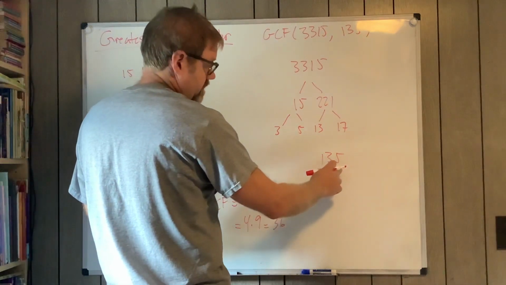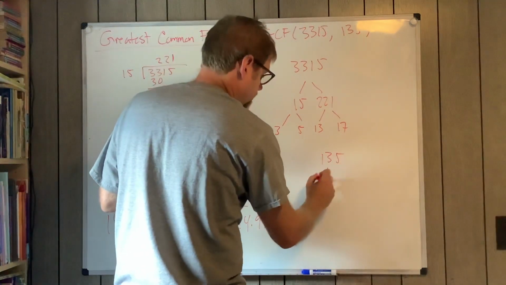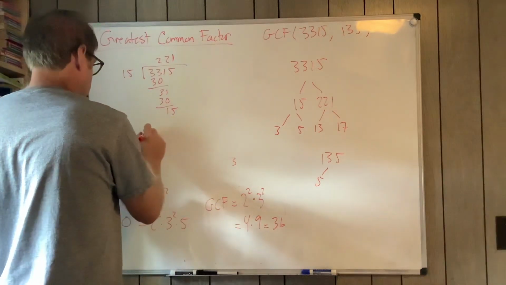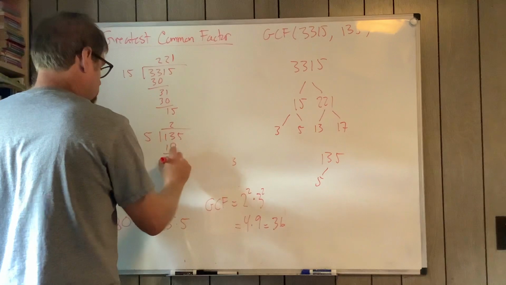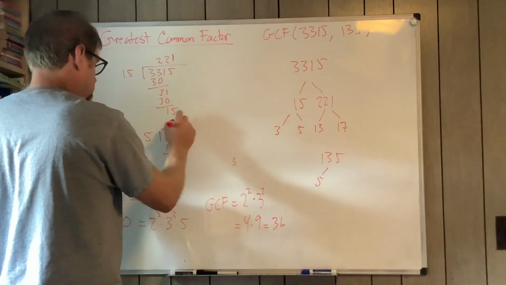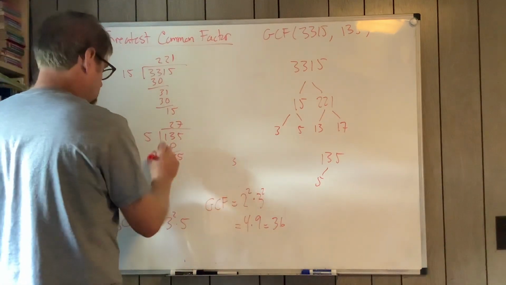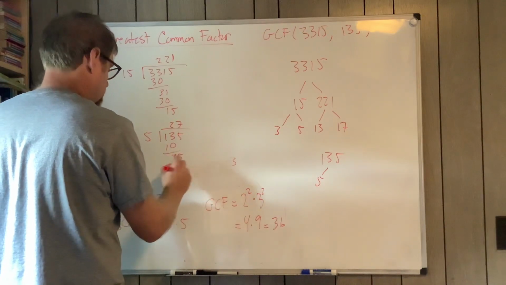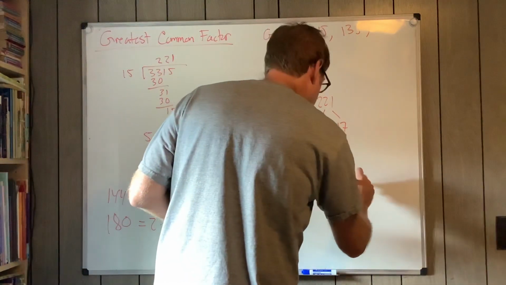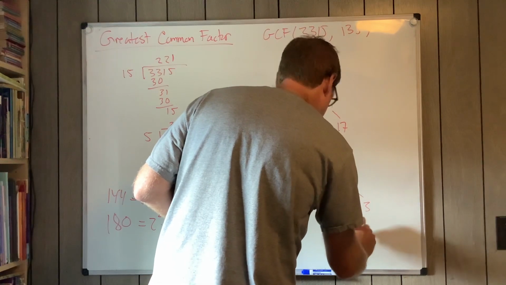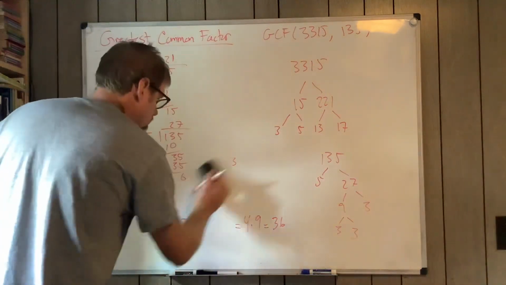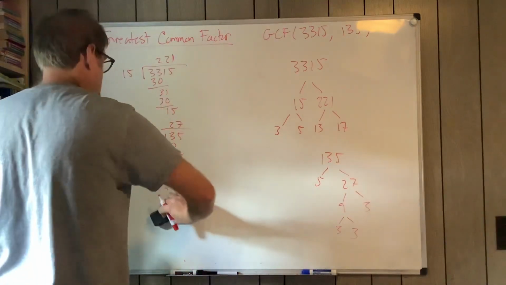Here, let's see. We have definitely a 5 in 135. 135 is 5 times 27, which is 9 and 3, which is 3 and 3.